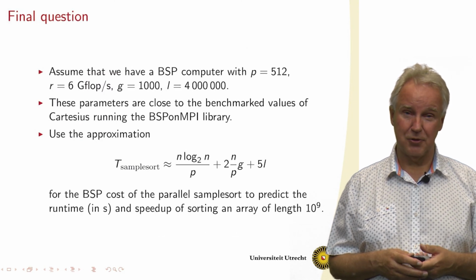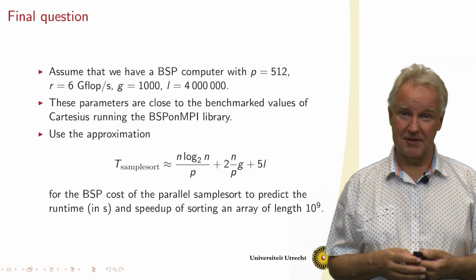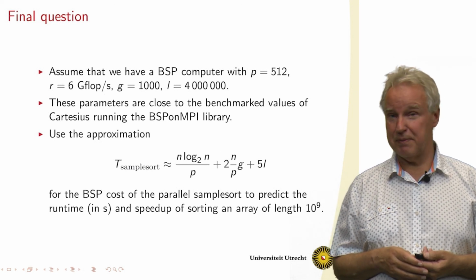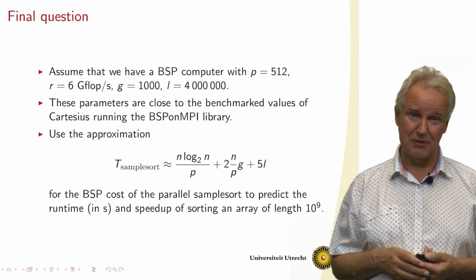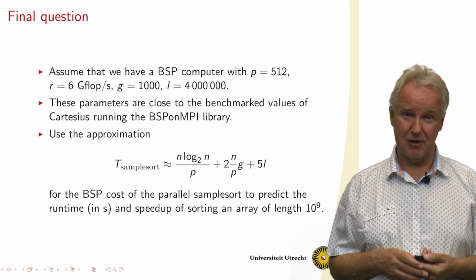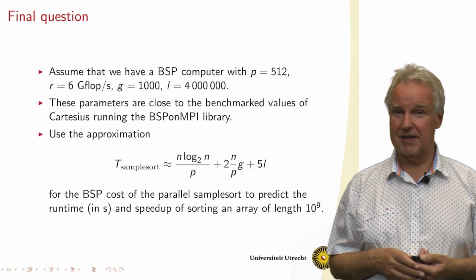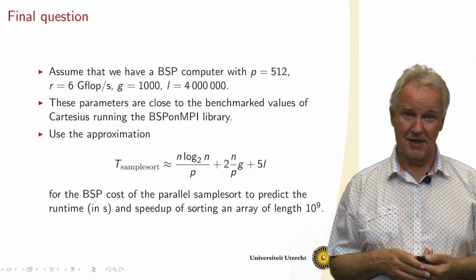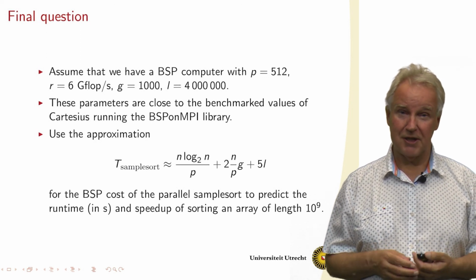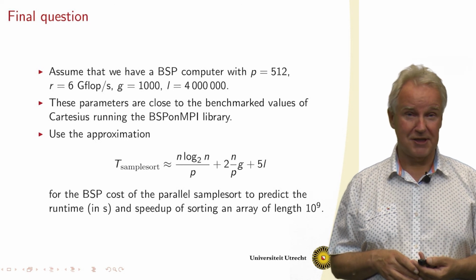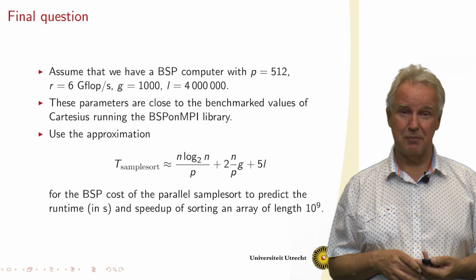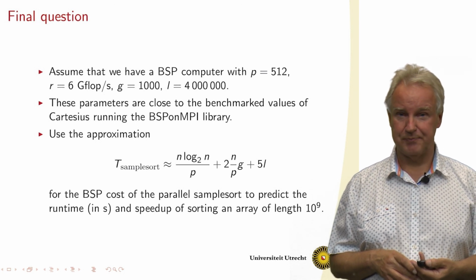Now a question to you. Can you predict the time of a sorting algorithm for a BSP computer which has 512 processors, a computing rate of 6 gigaflop per second, a g equal to 1,000, an l equal to 4 million? These are parameters that are pretty close to the parameters of Cartesius with 512 processors and running the BSP on MPI library.